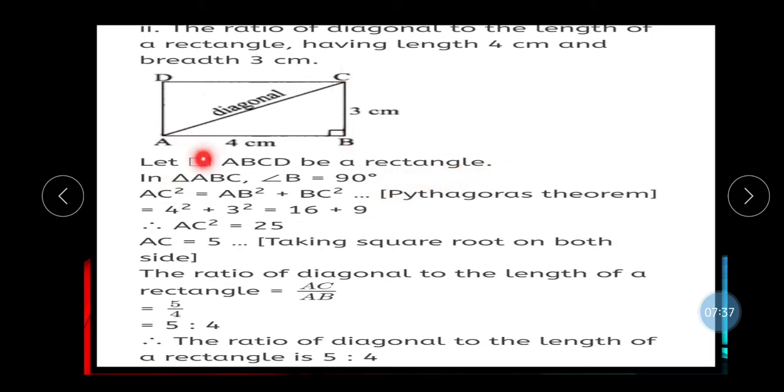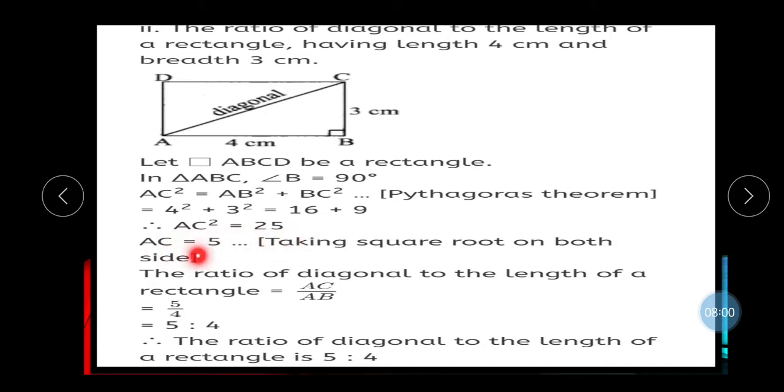In triangle ABC, angle B is 90 degree. Therefore, by using Pythagoras theorem, AC square is equal to AB square plus BC square. Substituting the values, 4 square plus 3 square, 4 4s are 16, plus 3 3s are 9, 16 plus 9 is equal to 25. AC square is equal to 25.